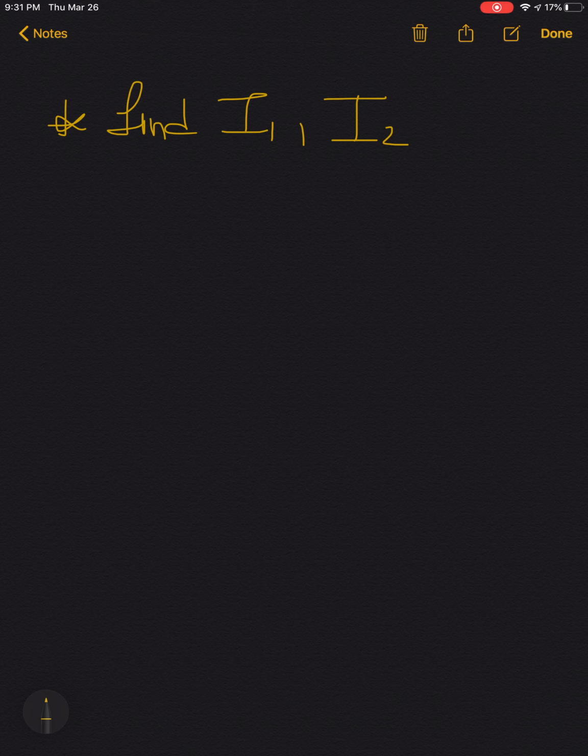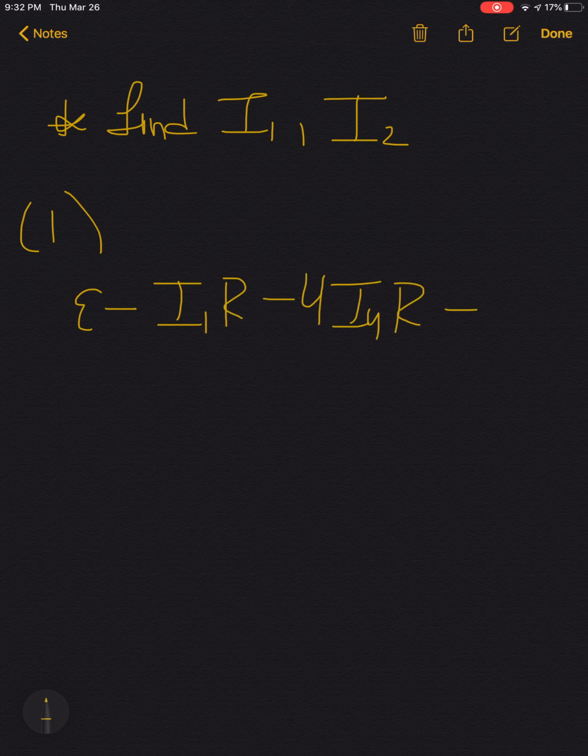So from equation 1, what we have is that E minus I1R minus 4I4R is equal to 0. Okay, and we want to find I1 and I2.